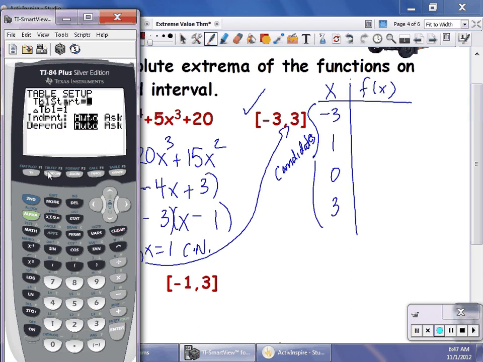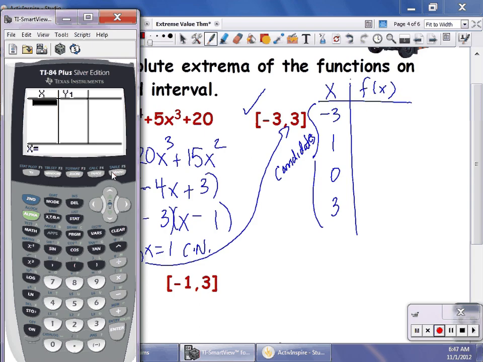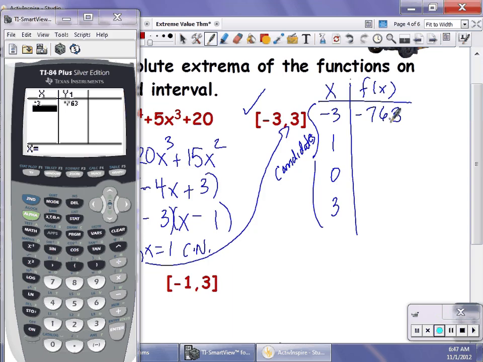You can actually arrow down here and change it to ask. Maybe you've seen this before, maybe you haven't. Select enter and then go second table. And notice that there are no table values there because the calculator is waiting for you to ask for the x values that you want. So I'm going to put in -3, and I get -763. I'm going to put in 1.